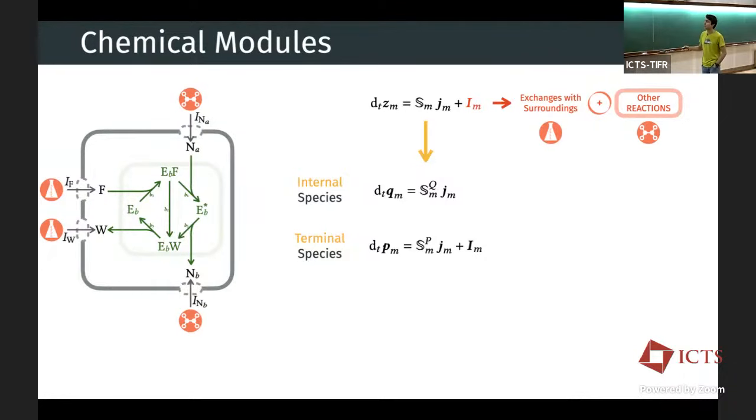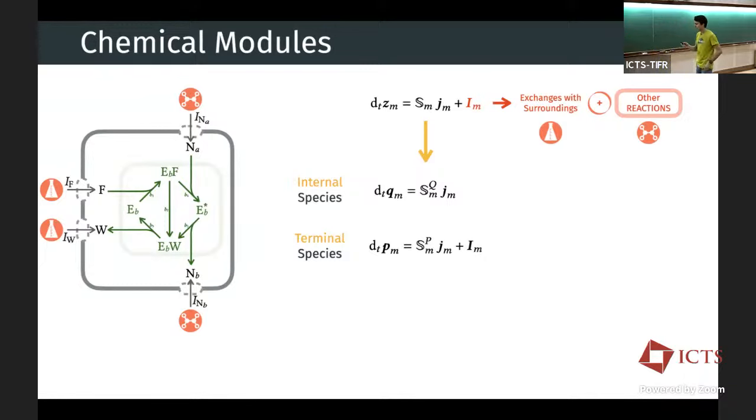And we can split the rate equation, like for internal and exchange species, here for internal and terminal species. I use Q for the internal species and I use P for the terminal species. And this is the sub-stoichiometric matrix for the internal species, and this is the sub-stoichiometric matrix for the terminal species, as Sx and Sy were the symbols Massimiliano used for internal species and exchange species, respectively.